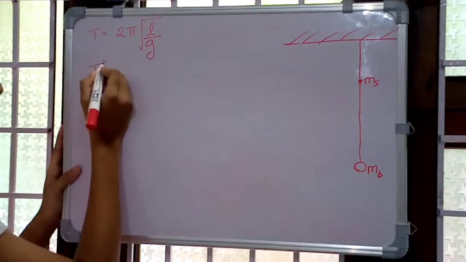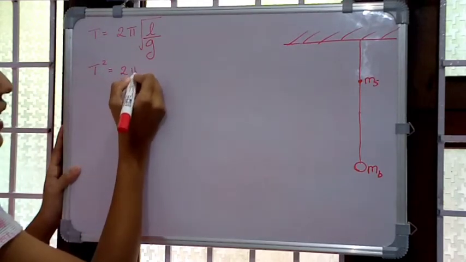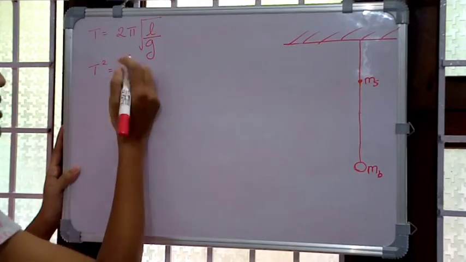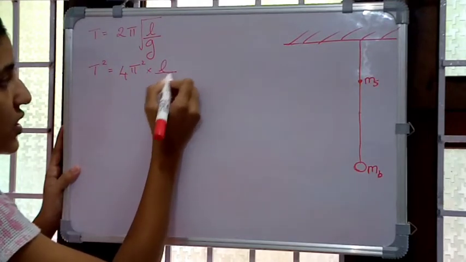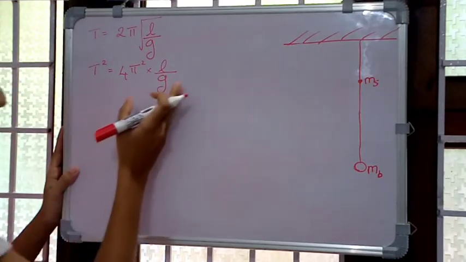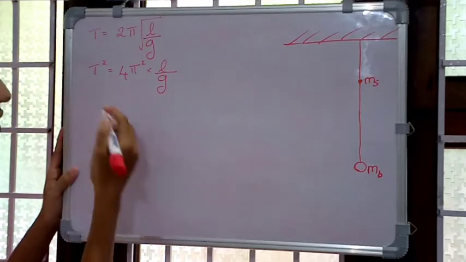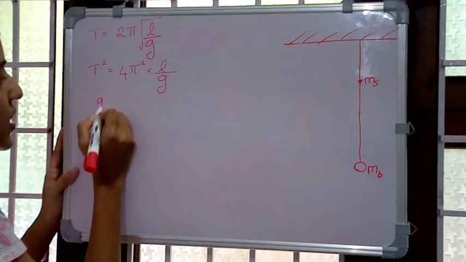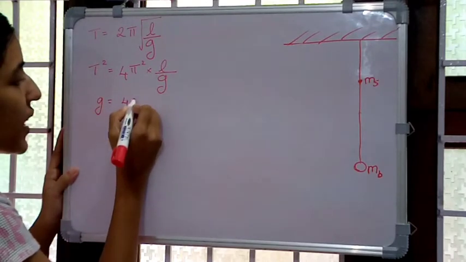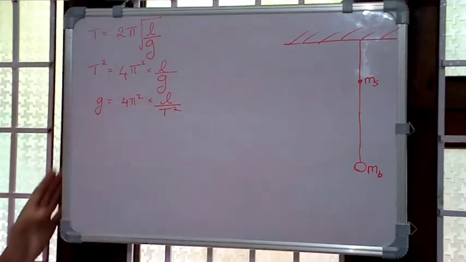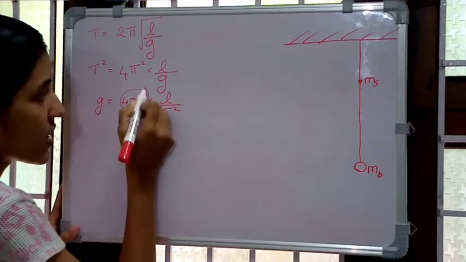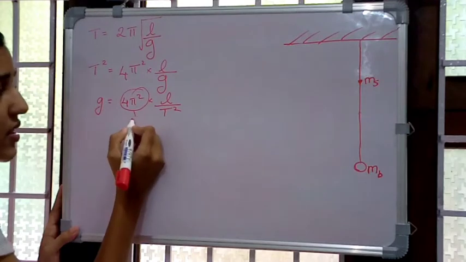Thus, we get T square equal to 4 pi square into L by g. Now, taking g to the other side and T square to the right side, we get g equals 4 pi square into L by T square. Since 4 pi square is a constant, we don't need to consider it.